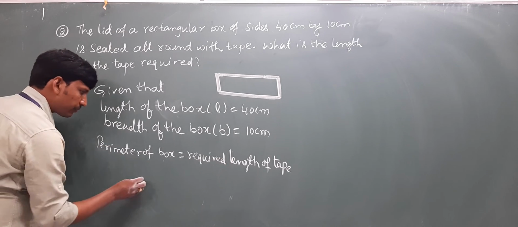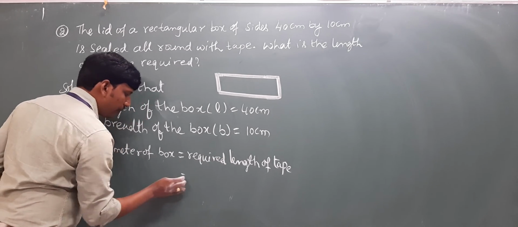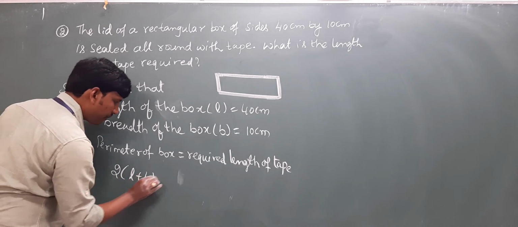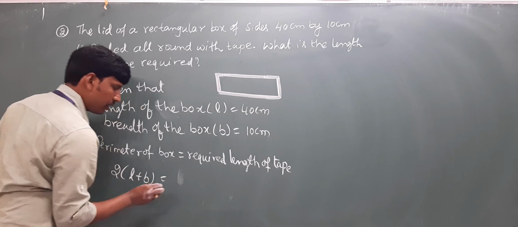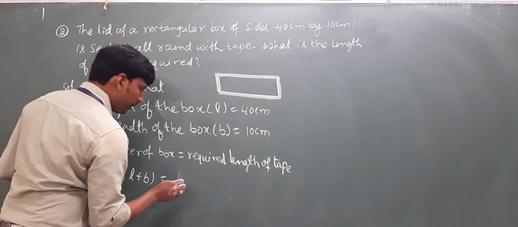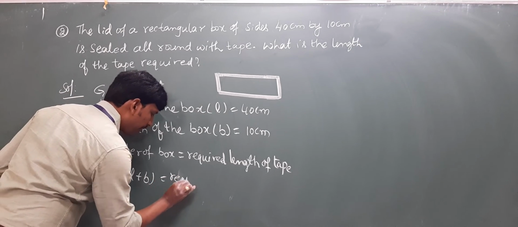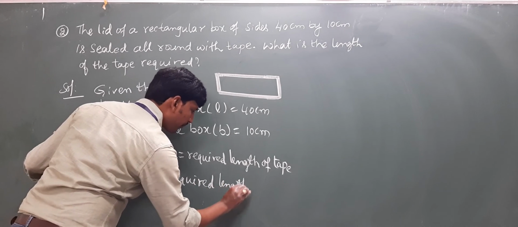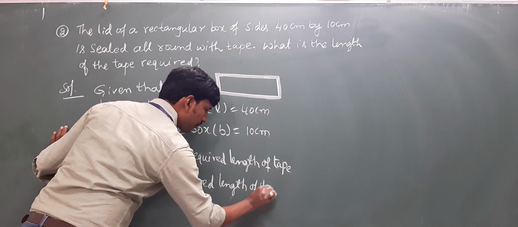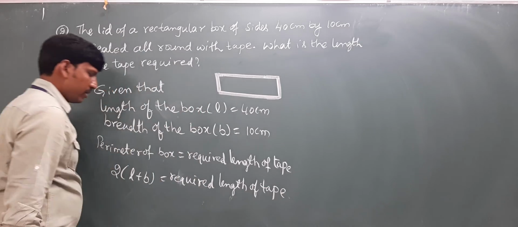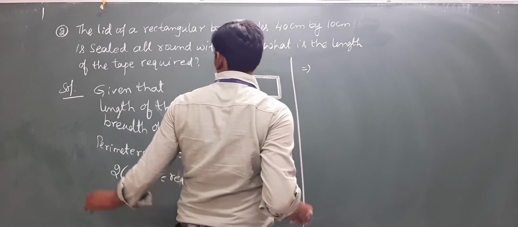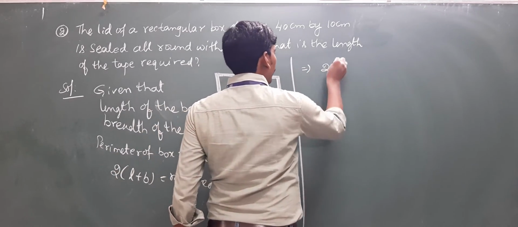So now 2 into (L plus B) is equal to the required length of the tape. Clear? So which implies 2 into, what is the length here?